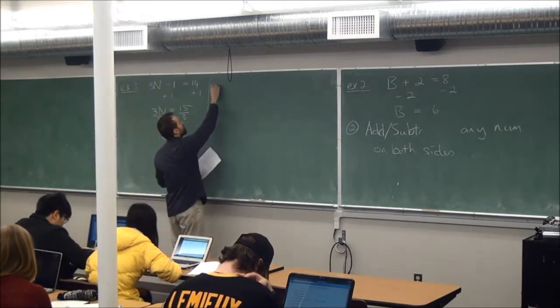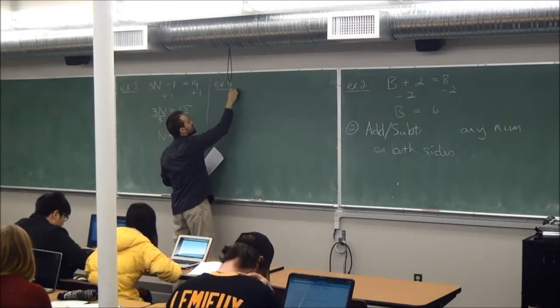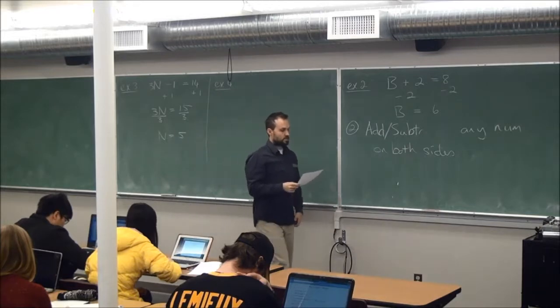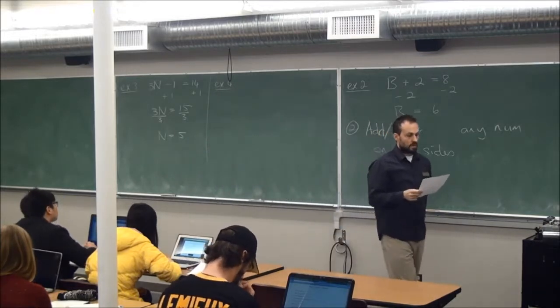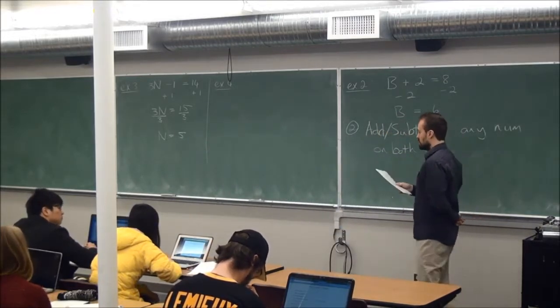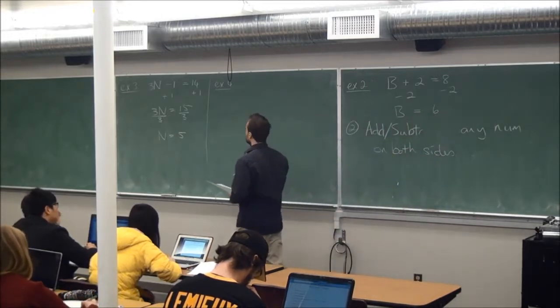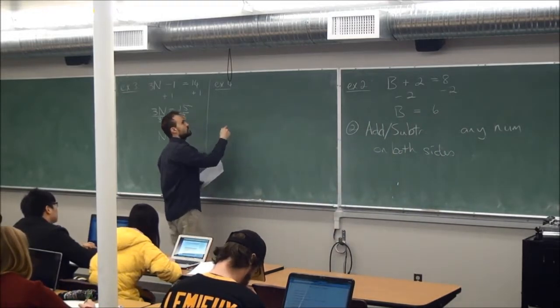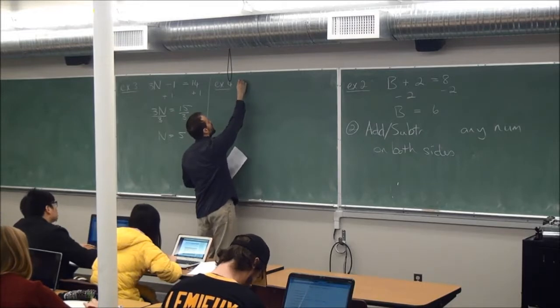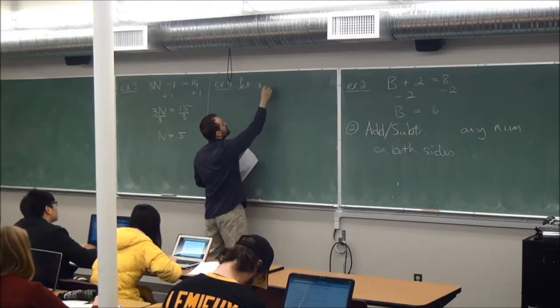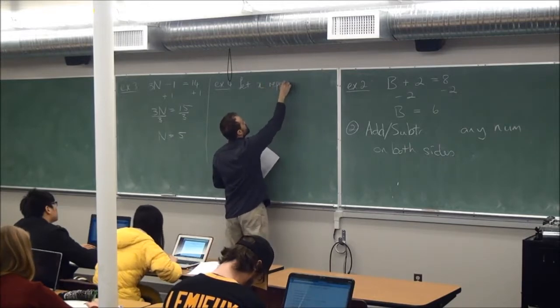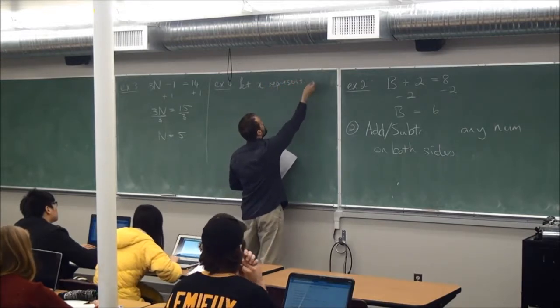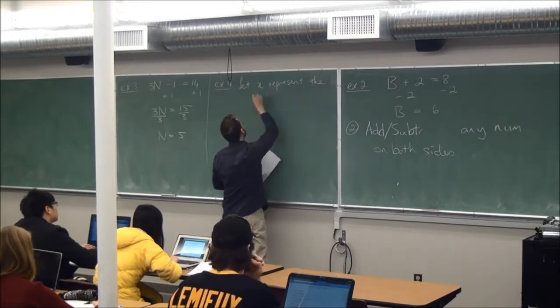If I have more of a word problem setting where they don't give me the equation, they say 2 times a number increased by 1 is 15. What is the number? Now, they're not telling me to use an equation, but let's use an equation. So let's say x represents, or let x represent the missing number.